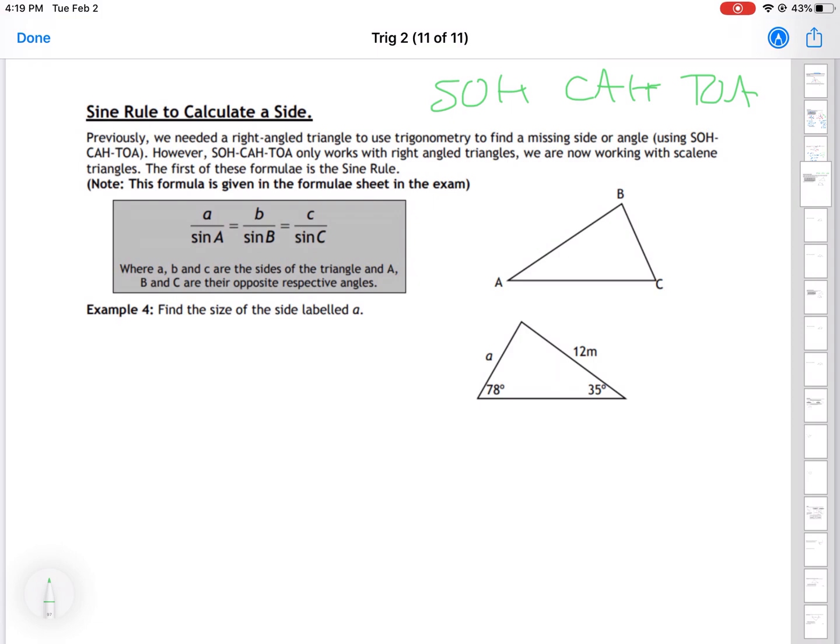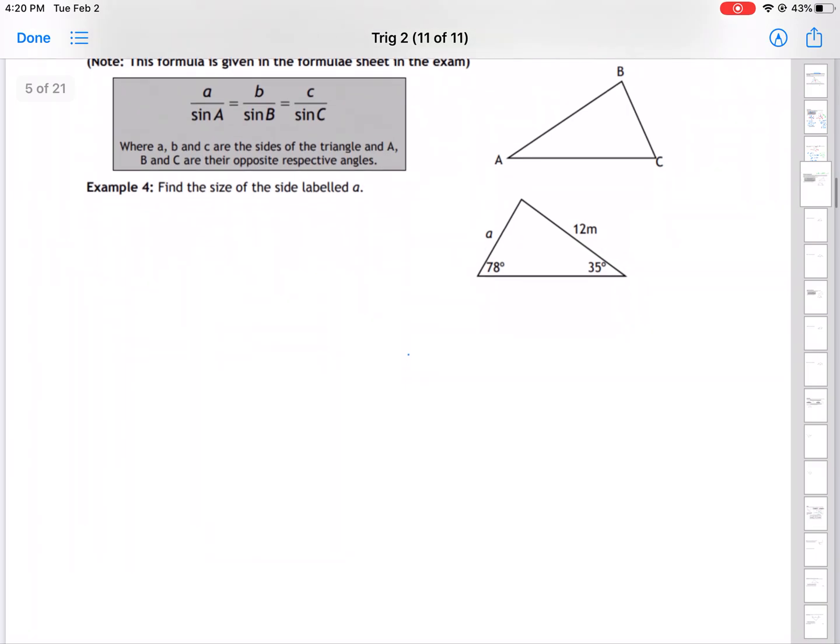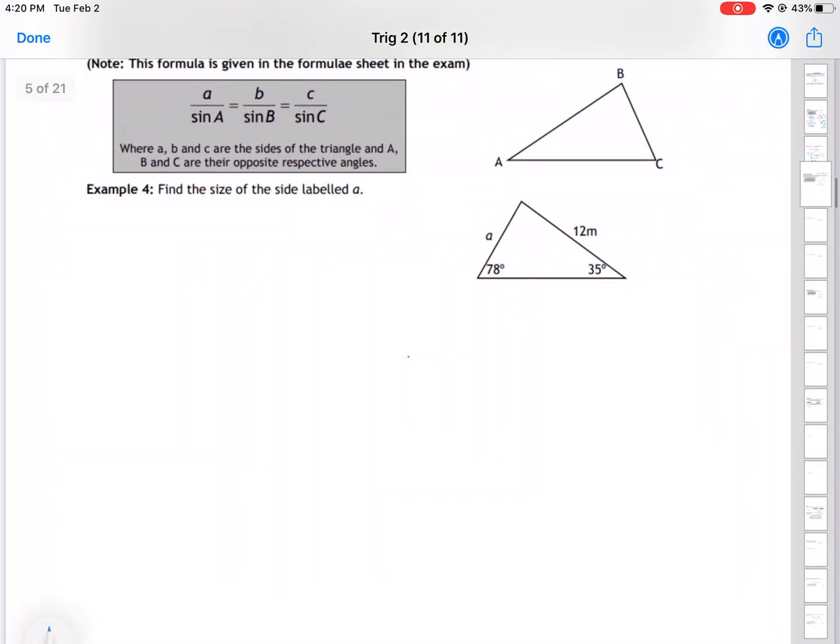Right now, all of the questions we're going to do in this section of the notes are using the sine rule, so that thing in the grey box, and then we'll do the cosine rule separately, then we'll take them all together. So, the first question here, and with all these questions, I'm going to ask you to write down the formula first.